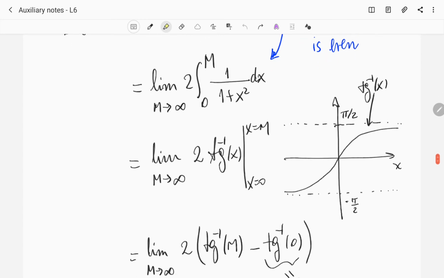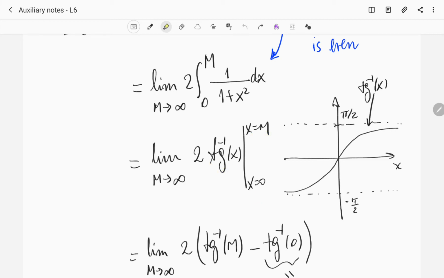Okay, and now an antiderivative of this function is the inverse function of the tangent of x. And if you remember how the graph is, it's like that. And now we have to compute this at m, and subtract this at 0.